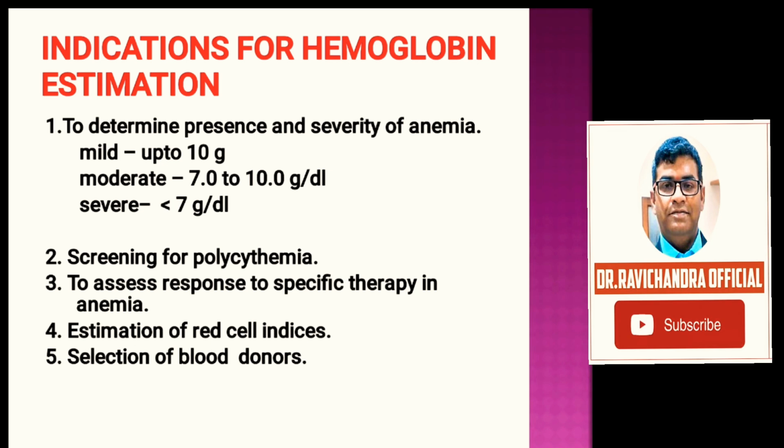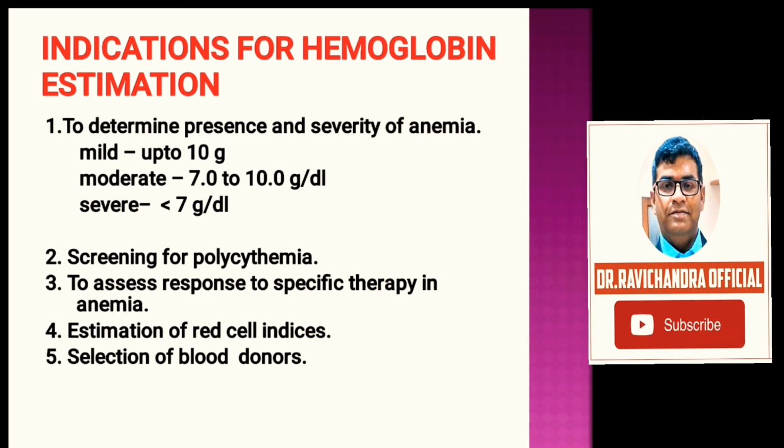Indications for hemoglobin estimation: it is used to determine the presence and severity of anemia, mild, moderate and severe. In India, hemoglobin less than 10 grams per deciliter is considered anemia, and severe if it is less than 7 grams per deciliter.